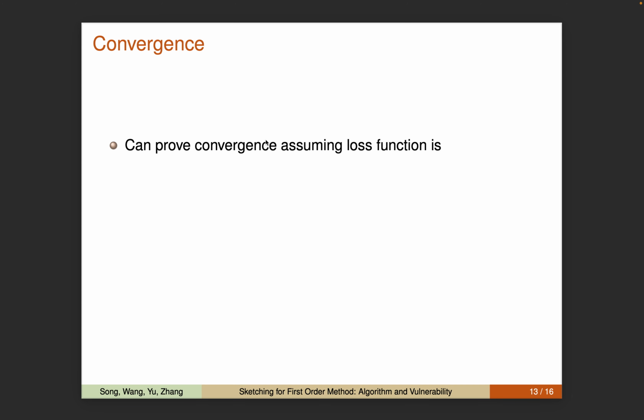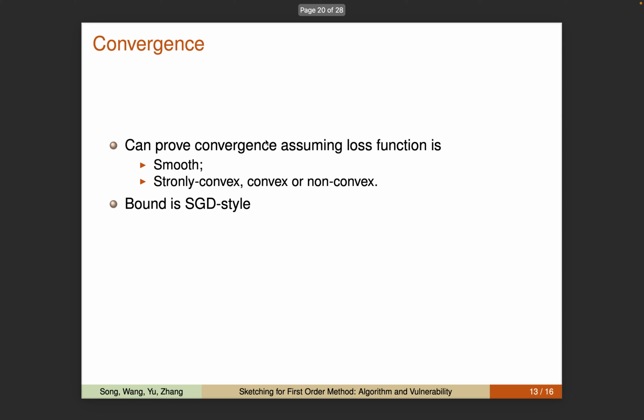In terms of convergence, we can prove convergence assuming the loss function is smooth, and we have different bounds when the function is strongly convex or non-convex. The bound is the SGD flavor of bound, in the sense that you have a term which captures the geometric decay of the loss function, and you have another additive term which can be viewed as SGD-style noise.